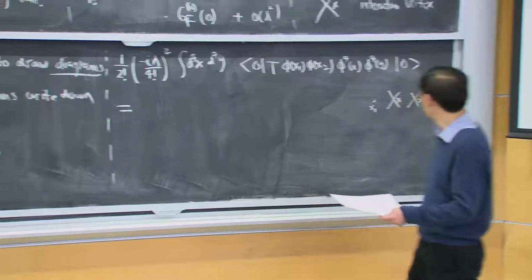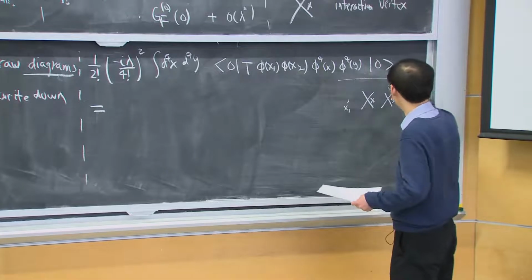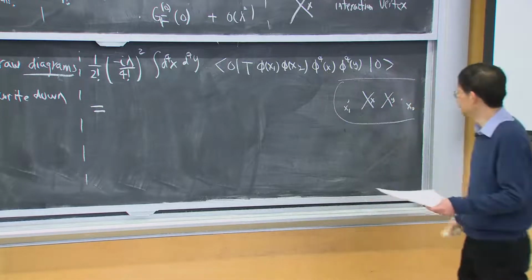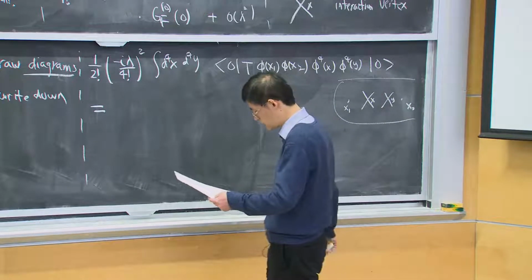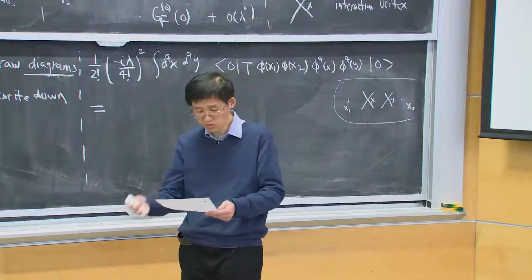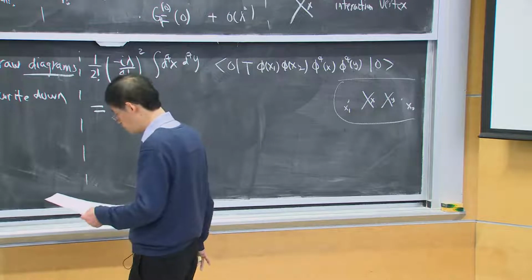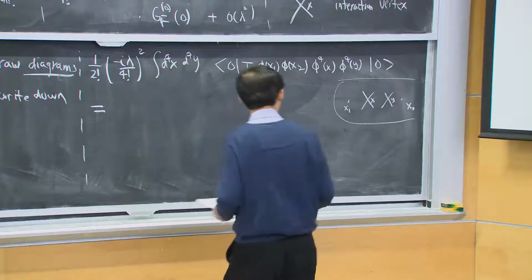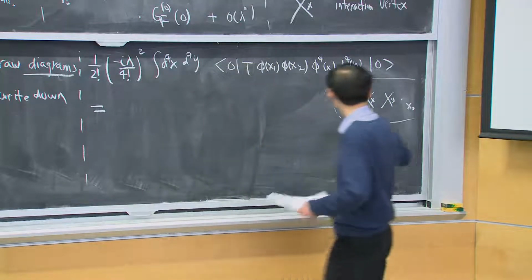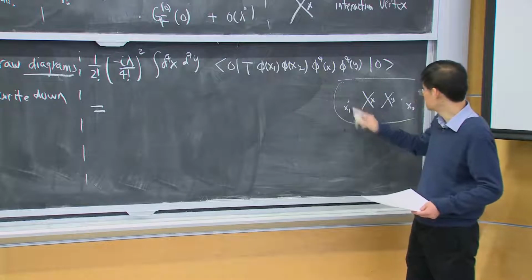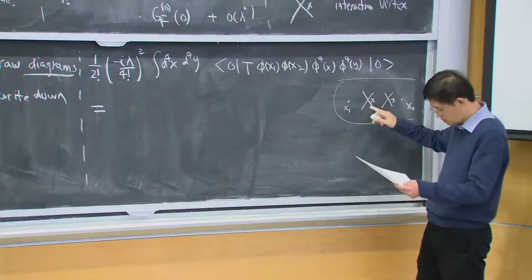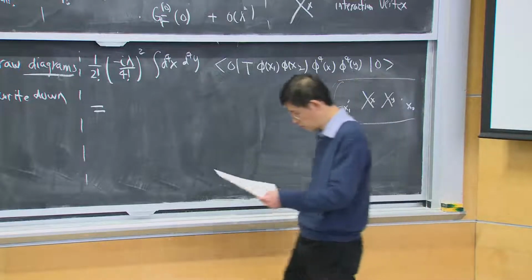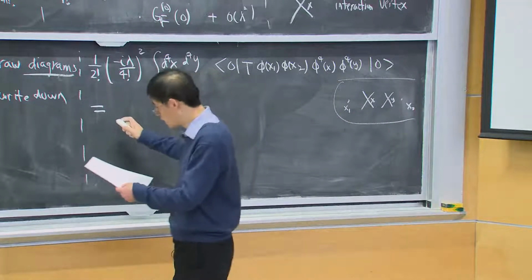So here are all the possible ways. First, there are actually 5 inequivalent ways. Let me write them down. The first one is you connect x1 and x2 each to x, and then x connects to y.